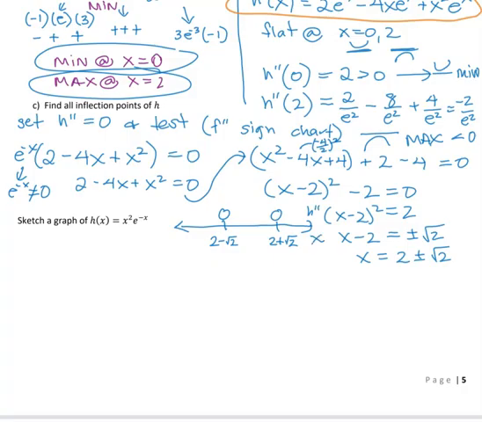So we need to plug in one number in between, which is actually easier than you might think at first. 2 is definitely in the middle. We're subtracting and adding to 2, so 2 is right smack in the middle. When I do that, I'm going to go back to right here, and I'm going to say the e to the negative x is always positive. When I plug 2 into the quadratic, I get 2 minus 8 plus 4, so 6 minus 8.